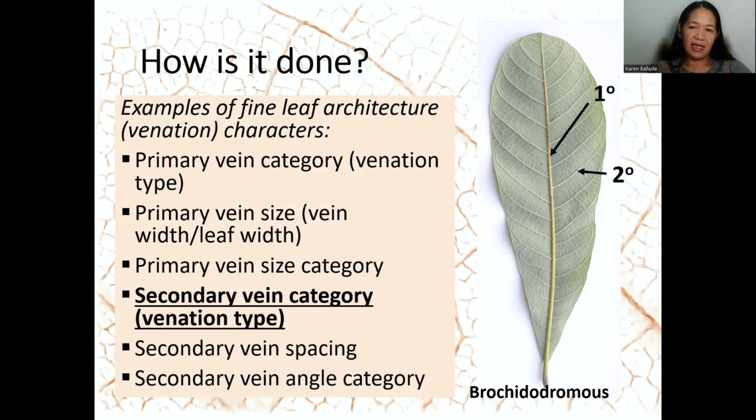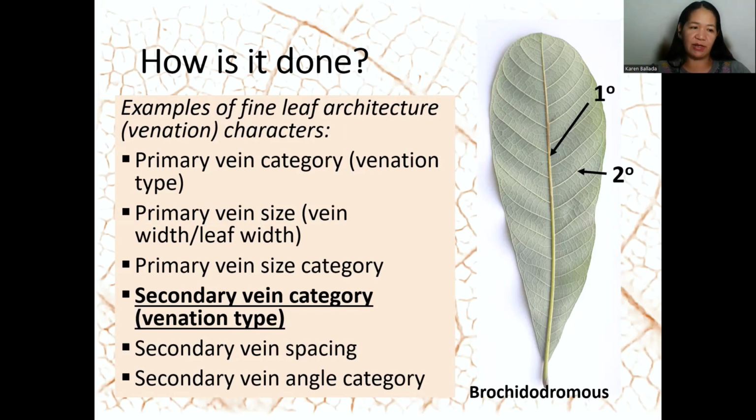For the secondary vein venation, there are several terms that can describe this, but for this specimen, it is described as brachidodromous. Brachidodromous means the secondary veins, or simply secondaries, join together in a series of prominent arches. As you can see there in the specimen, the secondary vein category or venation type of my specimen here is brachidodromous.